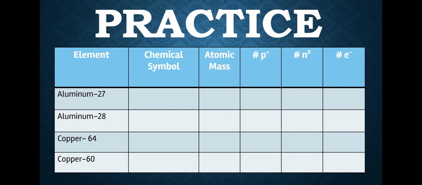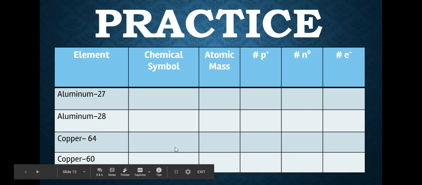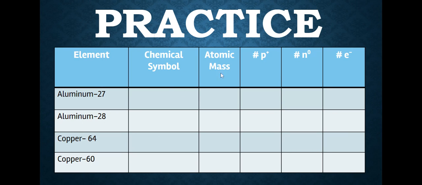Now I want you to take a little bit of time and practice filling in this chart here, which is in your notes, finding the chemical symbol, the atomic mass, the protons, the neutrons, and the electrons.